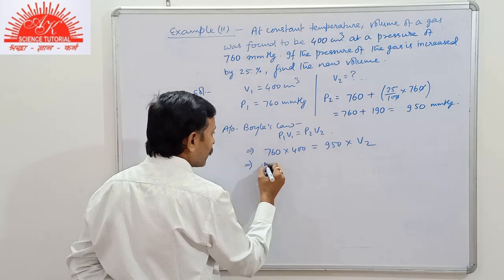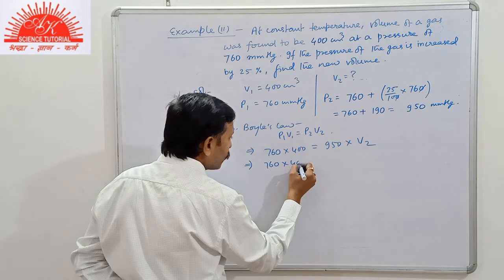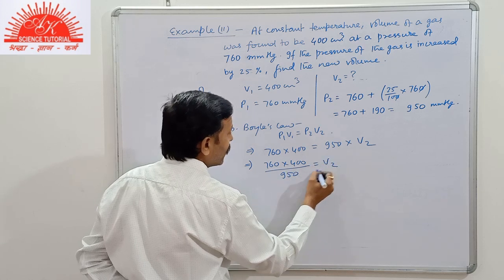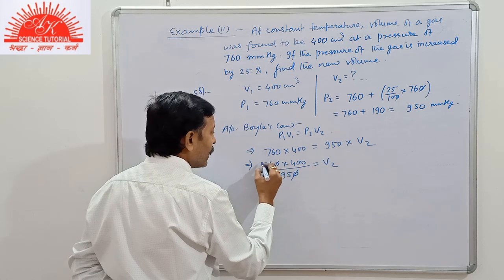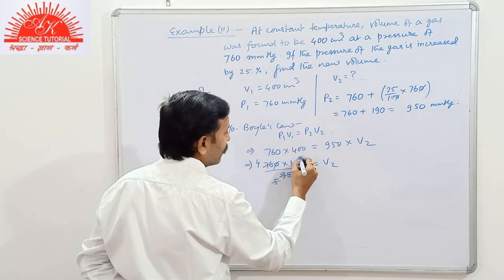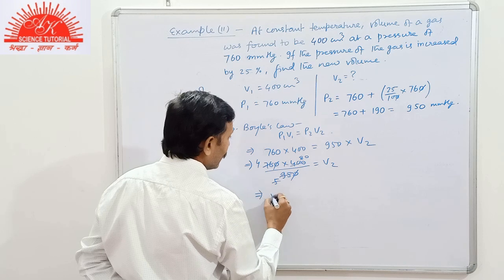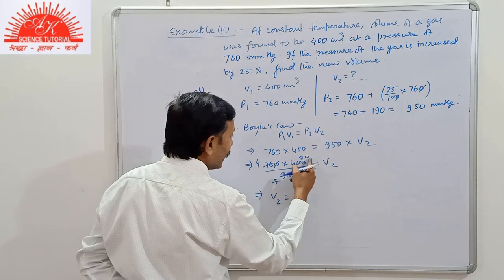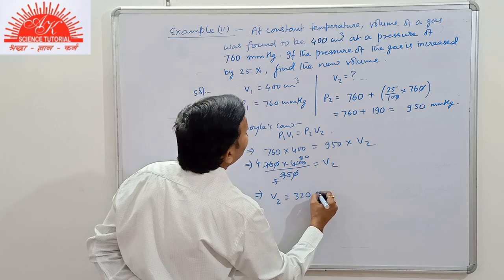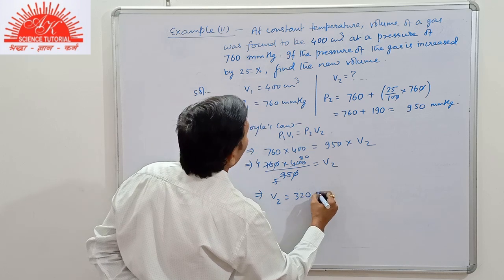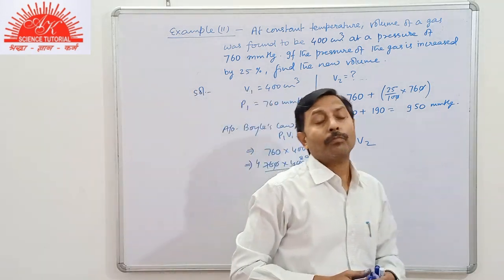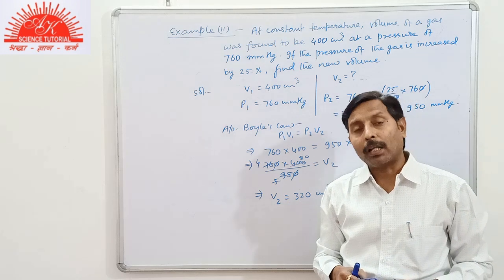Now solve it. 760 into 400 by 950 is equal to V2. Hence you see that V2 is 320. Hence 320 cubic centimeter. What was the unit? Cubic centimeter. So this is another example explaining Boyle's law.